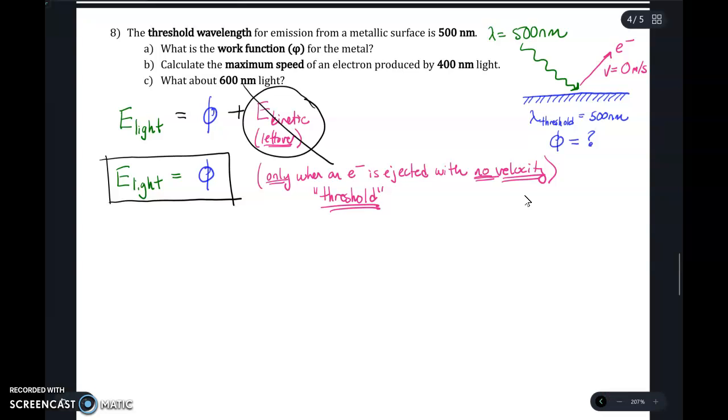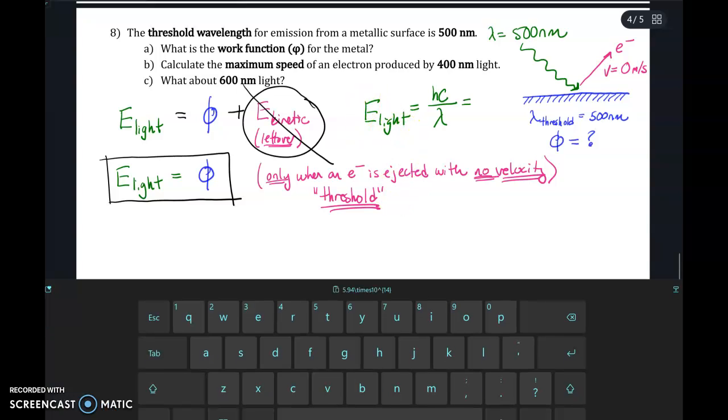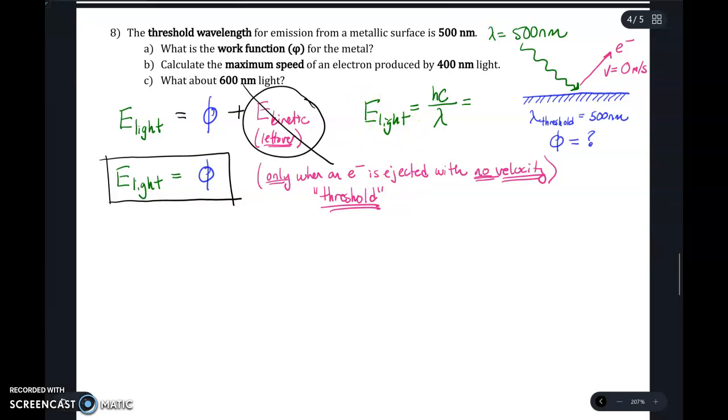Now, keeping this in mind, how are we going to use this to solve for the work function? Well, remember, this energy of the light is just an equation, and we saw this in class. It can be hc over lambda. So if you're given a wavelength, you can use wavelength to calculate the energy of the light. But you can also use the version of this equation where it's h times nu, h times frequency.